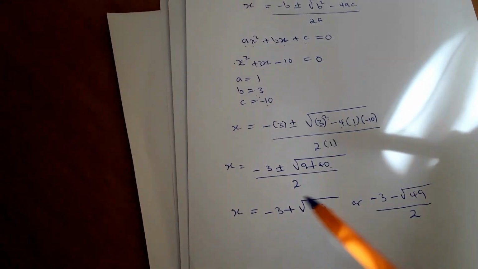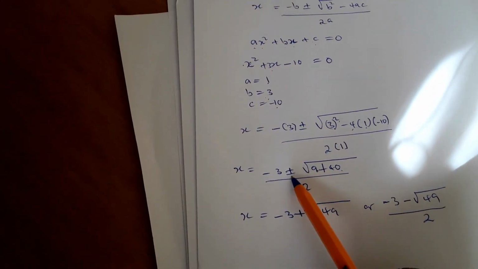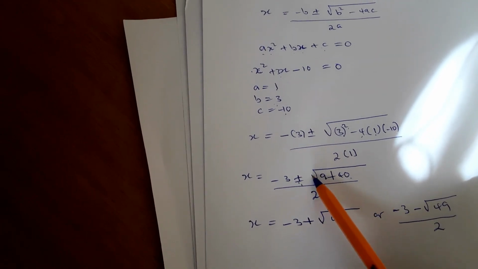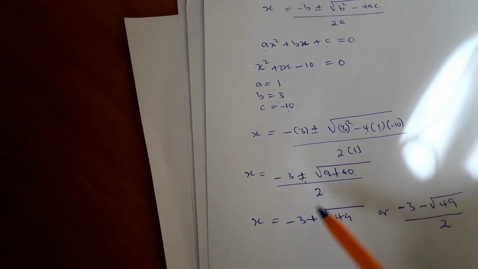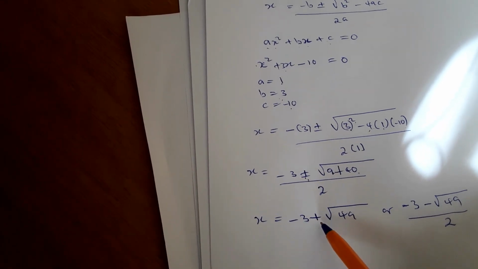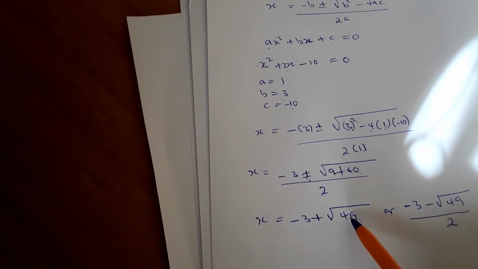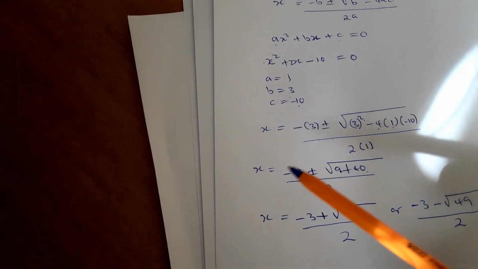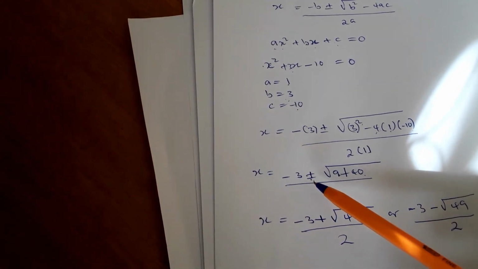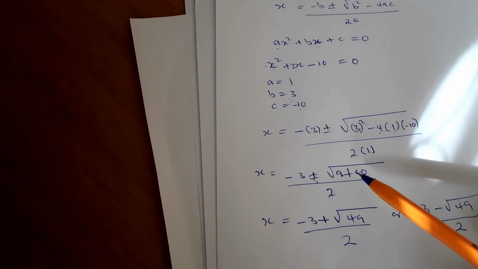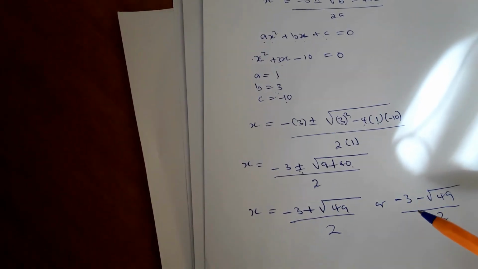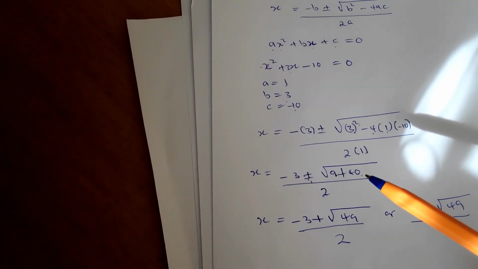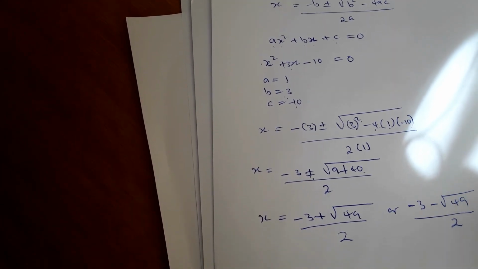The sign is saying plus or minus, so our first solution will be minus 3 plus square root of 49 over 2. Then the second solution is minus 3 minus square root of 49 over 2, as 9 plus 40 we get 49, right?